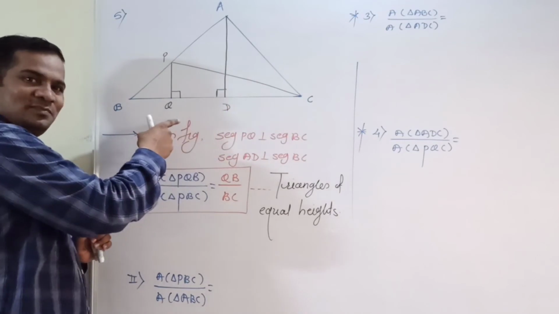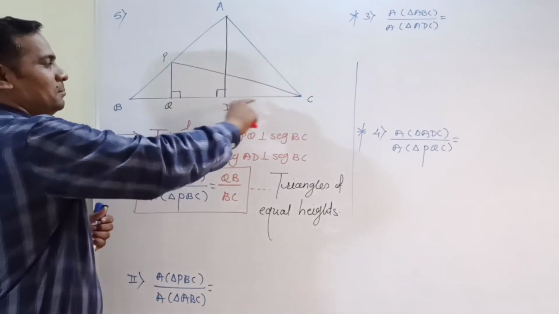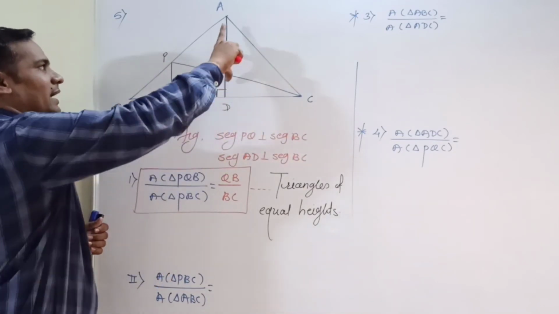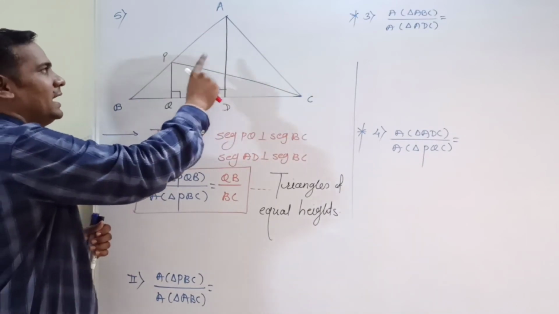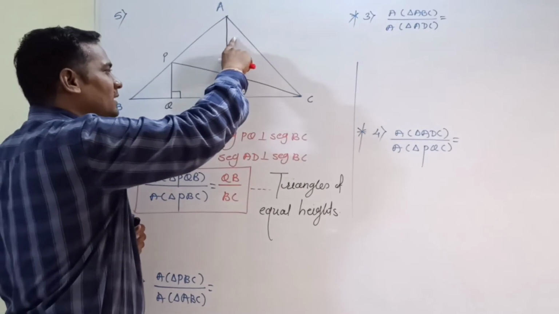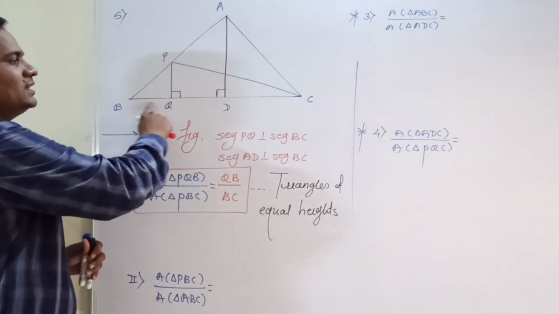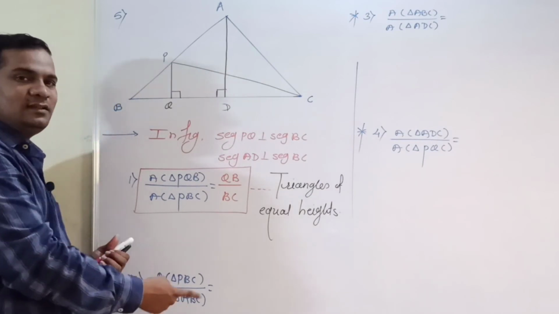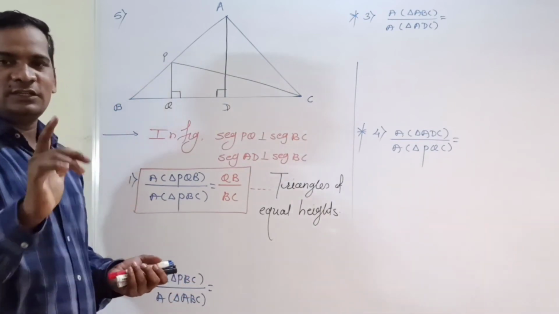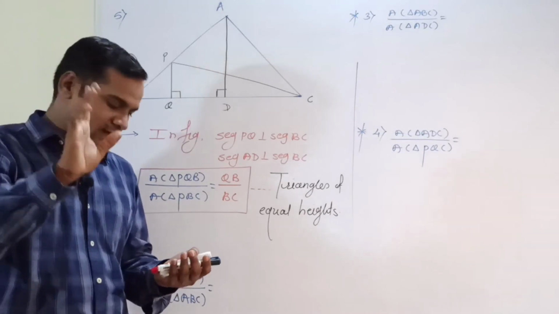Now which is common? BC base is common and AD is the height. In case of triangle PBC, PQ is the height; in case of triangle ABC, AD is the height and BC is common. That means the ratio of area of these two triangles will be equal to the ratio of their corresponding heights.